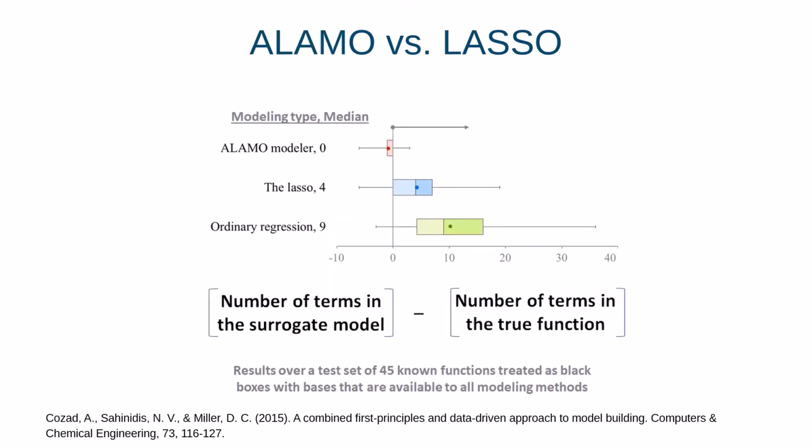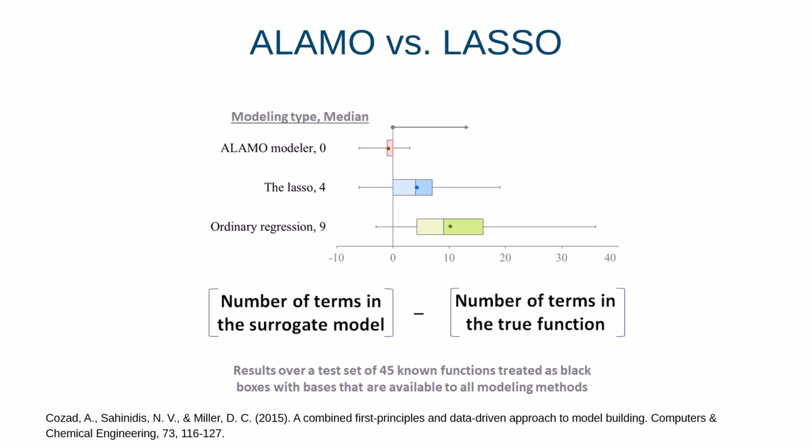How does Alamo compare against the innumerable competing methods available in the literature and commercially? On this slide, I'm presenting results published in Kozad et al. This figure compares the complexity of Alamo models versus Lasso models.